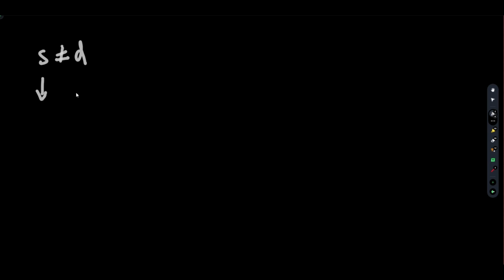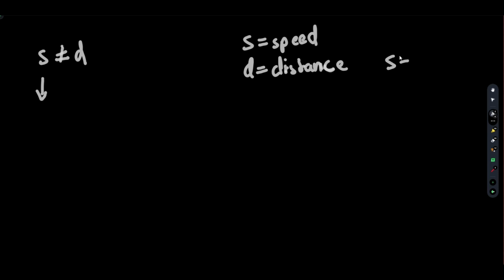Okay, let's differentiate two things. We have S for speed, and D for distance. This you've learned before, like speed is equal to distance over time.